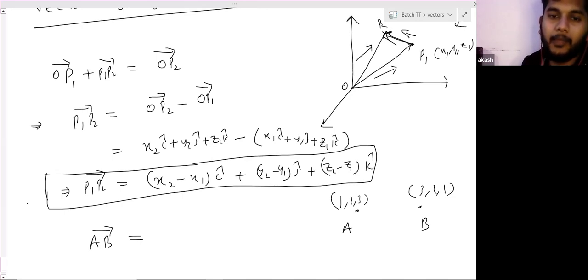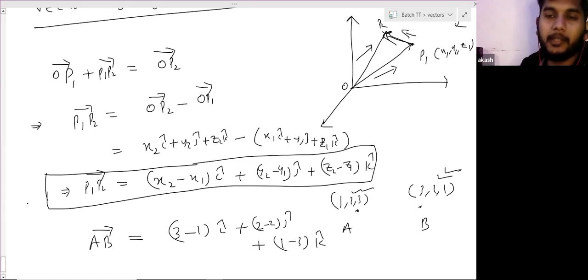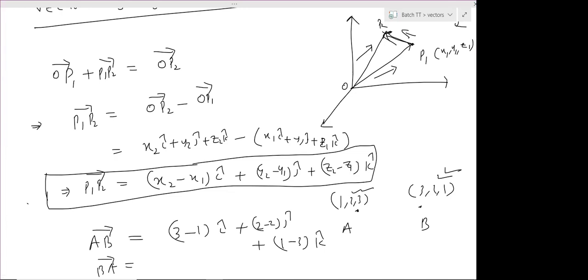B minus A. So 3 minus 1 I cap plus 2 minus 2 j cap plus 1 minus 3 k cap. If you have to find AB vector, then B minus A. If we have to find BA vector, then A minus B. Is it clear, everyone? Yes, sir. All right, note it down.